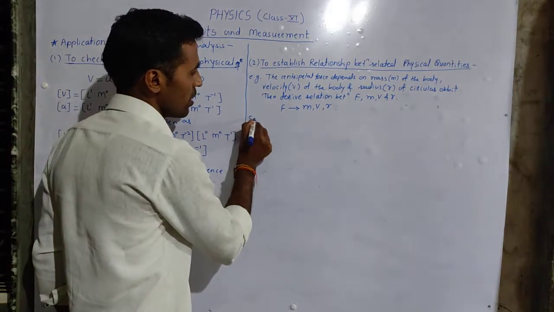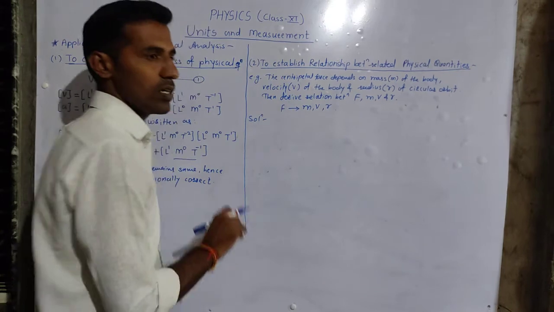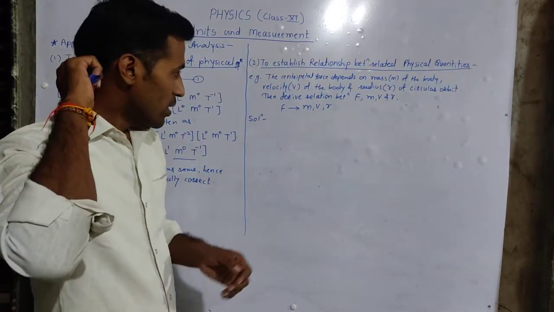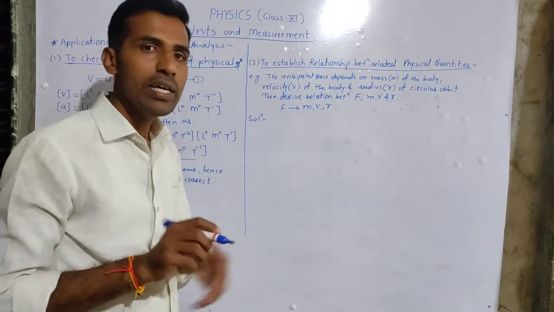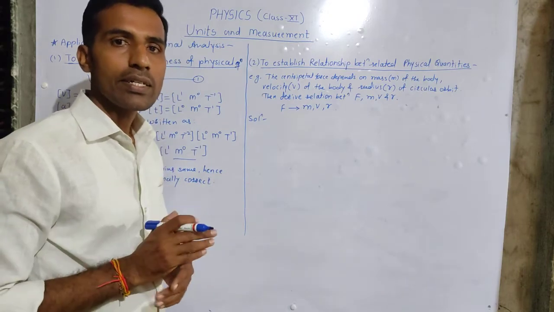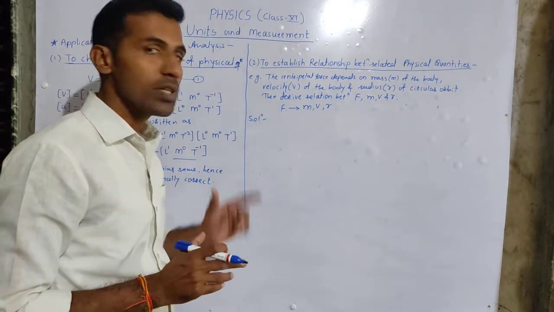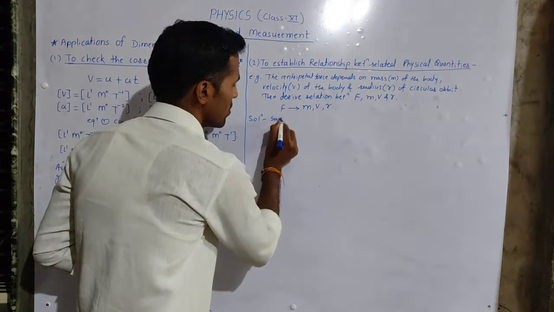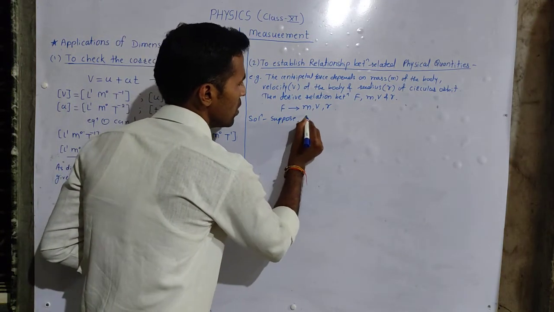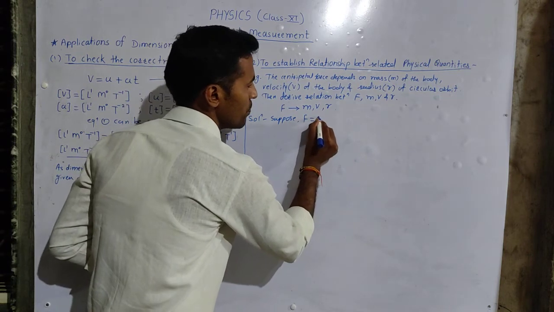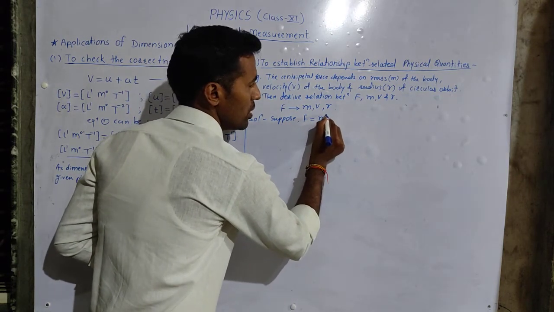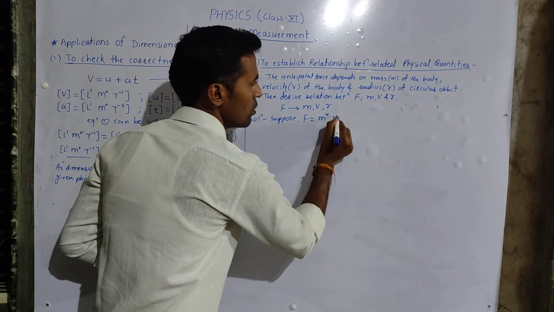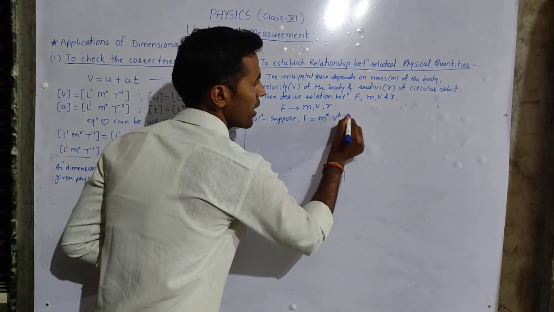What is actually there? We can find that by using dimensional analysis. So let's see. Force depends on mass, velocity and radius. Let's assume the relation between them. Suppose F is equal to m raised to x, v raised to y, and r raised to z.